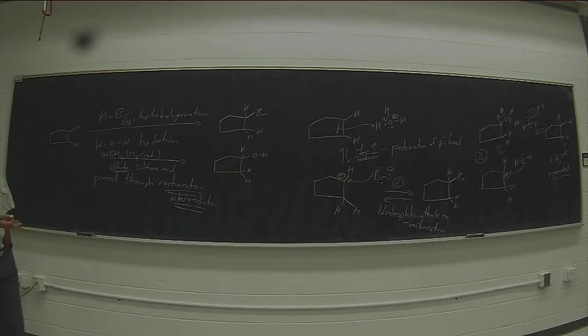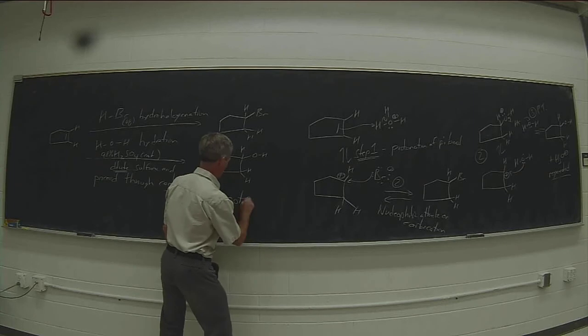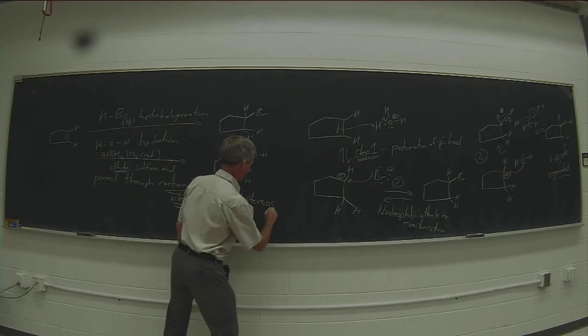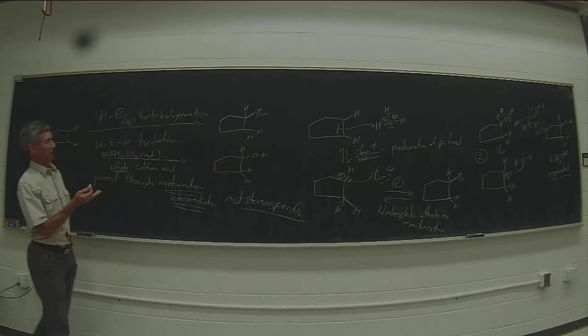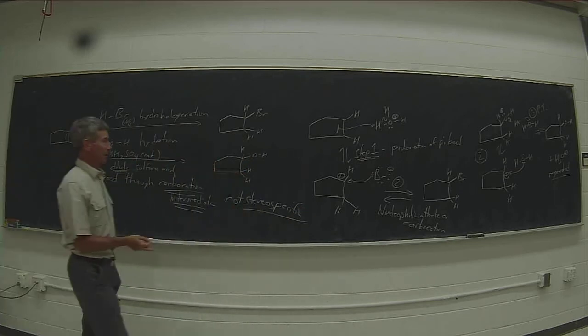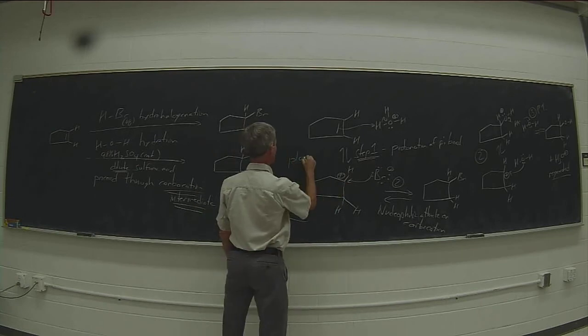That means that there'll be no stereospecificity, because once you form a planar carbocation intermediate, the carbocation intermediate can be attacked from either side.